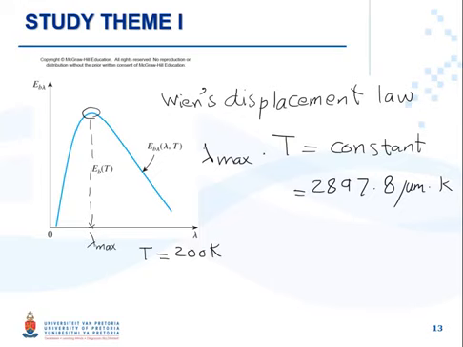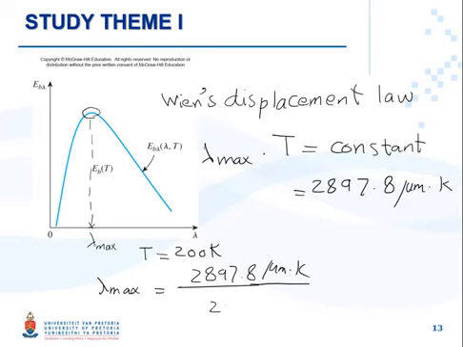Easily we just put it into Wien's displacement law, 2897.8 micrometer Kelvin. Always use the unit. It is equal to 14.49 micrometers. Okay, so as simple as that.